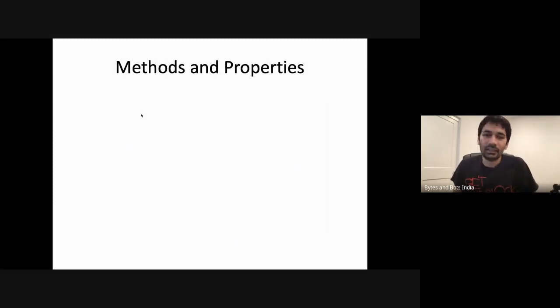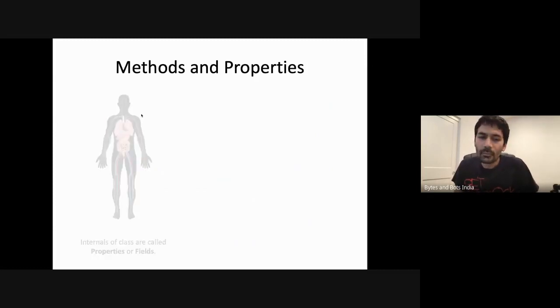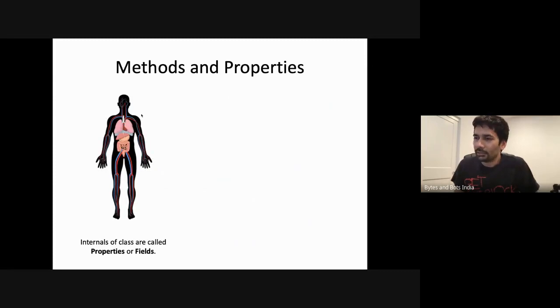All right. Now that we have some idea about what a class and an object are, let's build something based on it, right? So, methods and properties. The internals of a class are called properties or fields. They define the class, right? Every one of us here has a unique mind that defines us. Even though we all have a brain, it's unique in a certain way because it has a certain set of experiences.